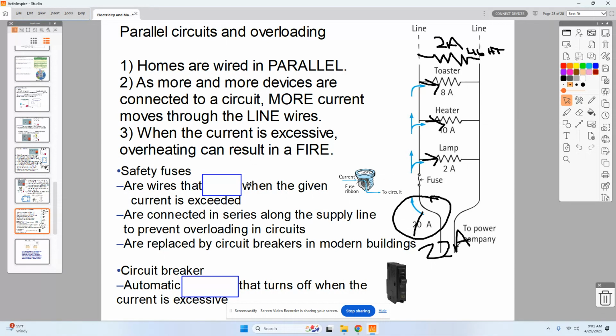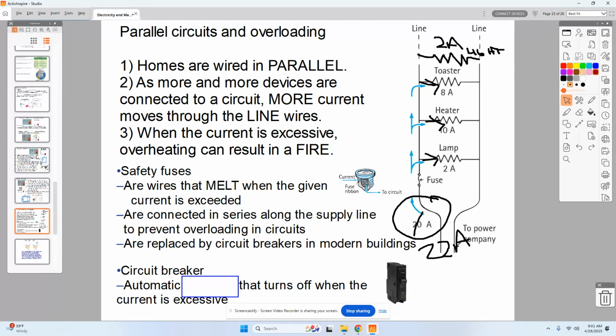There are safety fuses. These are wires that melt. If you've ever done any work on an automobile, and the trailer hitch lights are not coming on, it's probably a blown fuse, because inside of your car there's a fuse box, and that fuse box has lots of different circuits, and that would just be a little wire that melts.